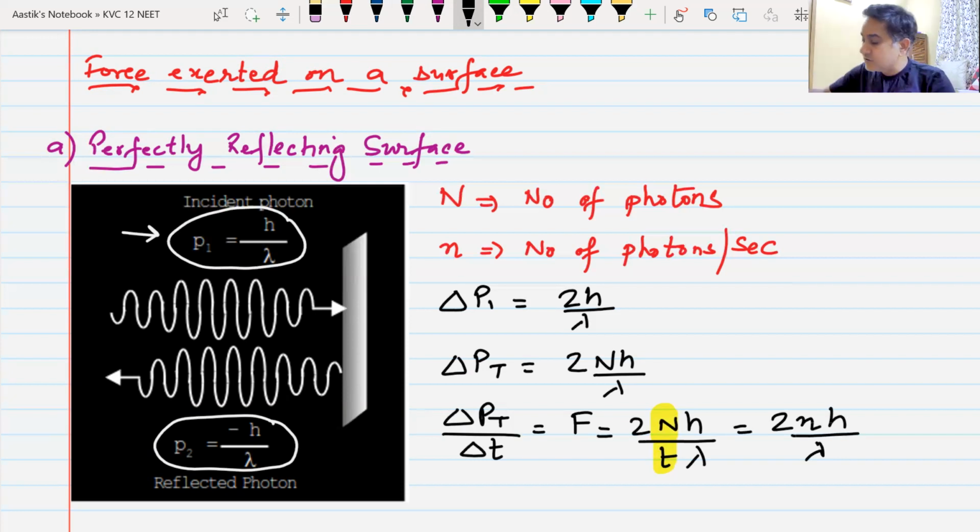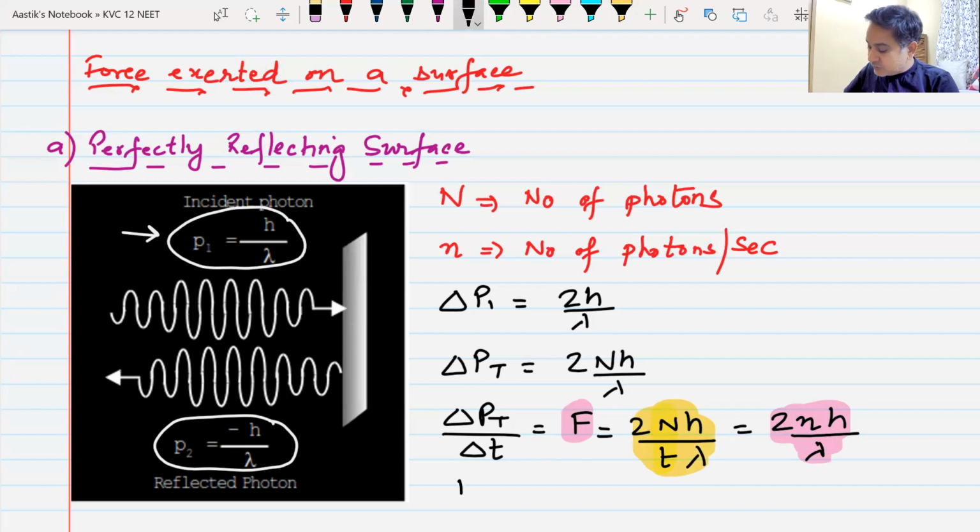This is the first formula of force. Capital N by t means total photons divided by total time, and small n means the number of photons falling per second.